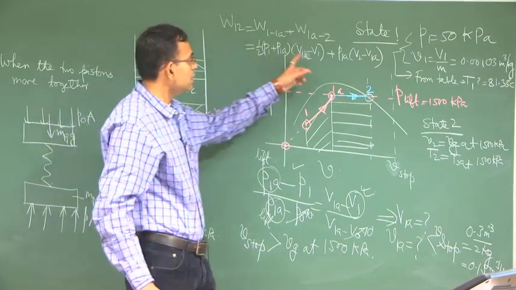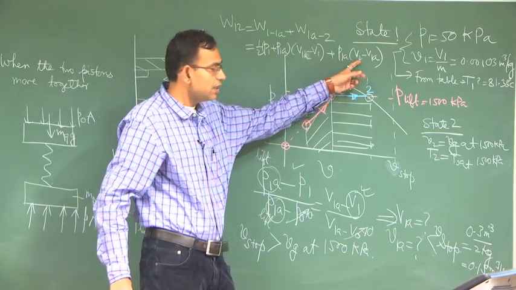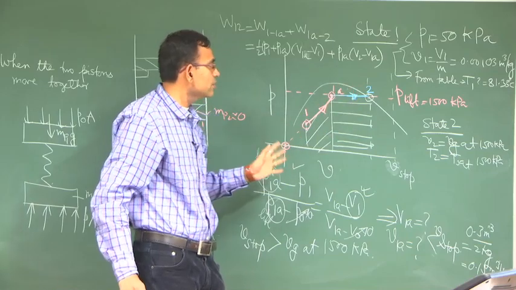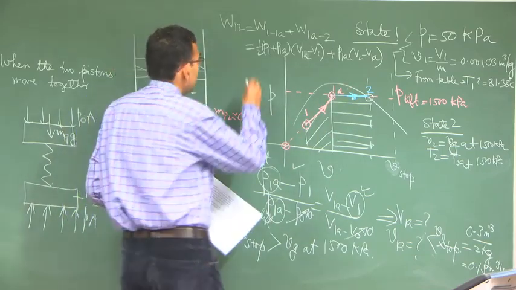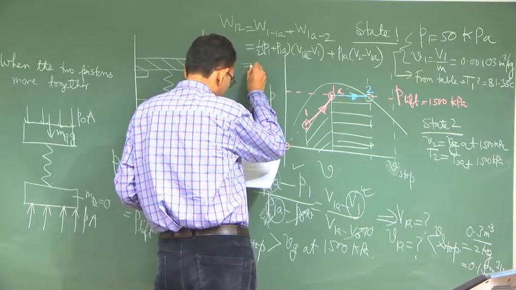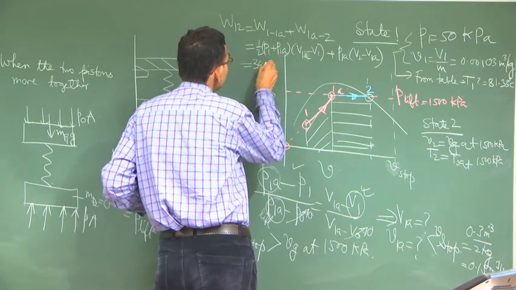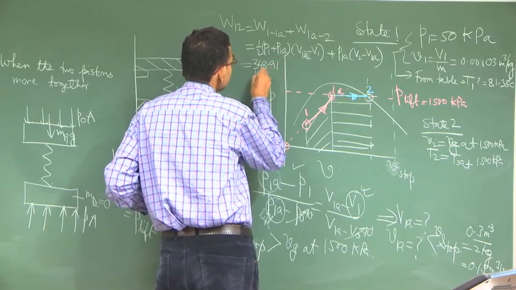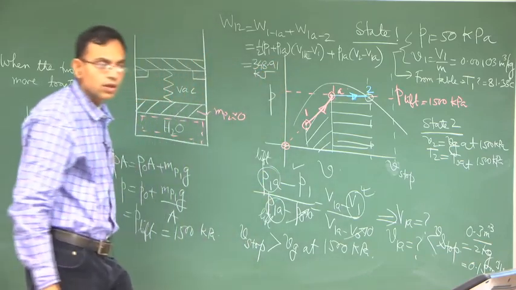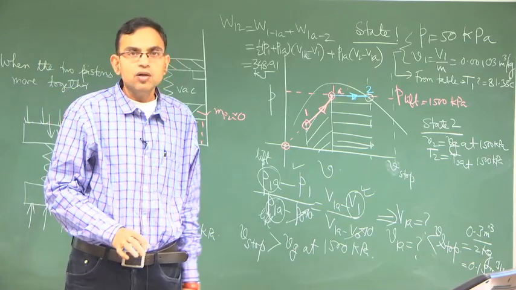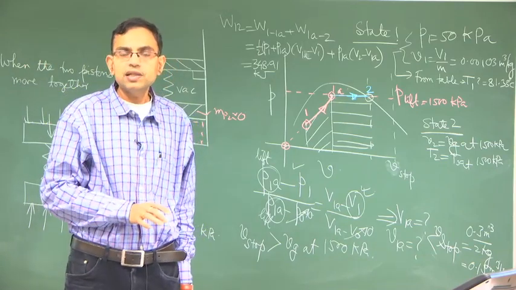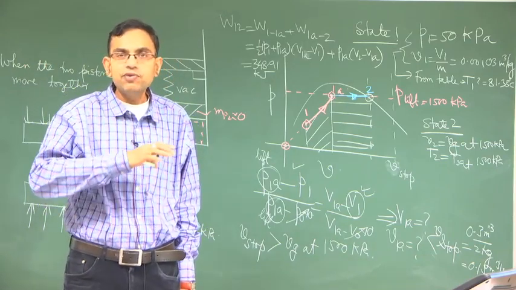So, this is the area under the trapezium, this is the area under the rectangle, all these are known. So, the total work done will be 348.91 kilojoule.